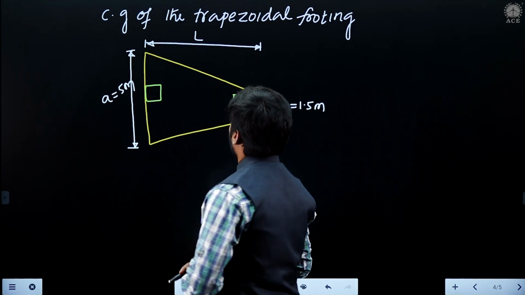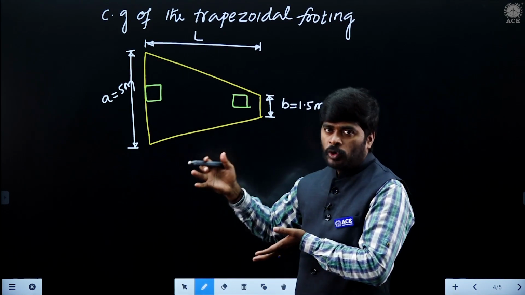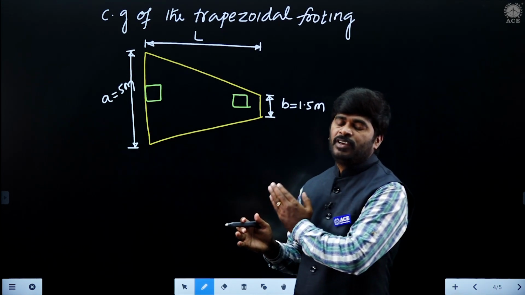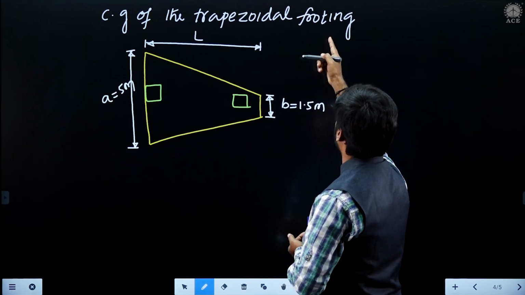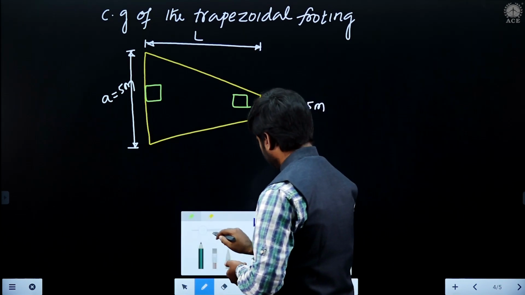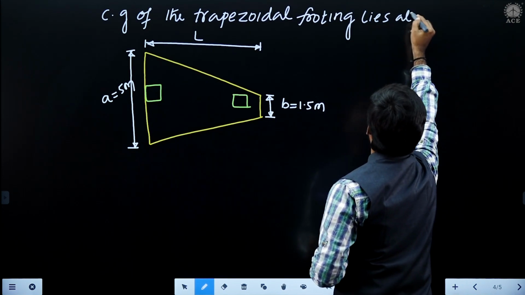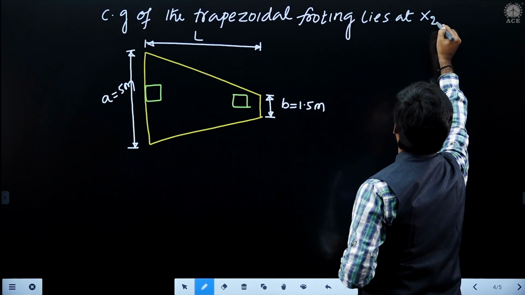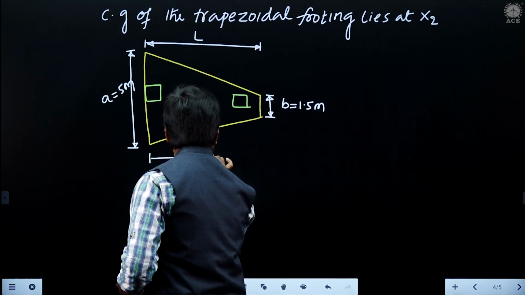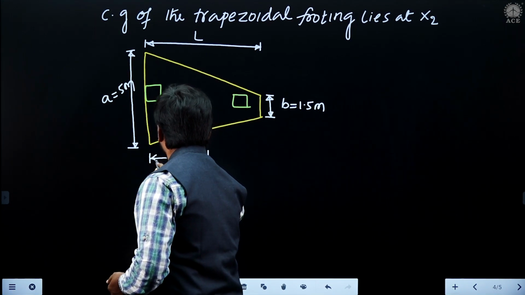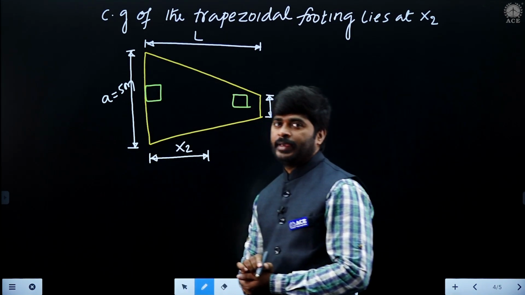Now, where will be the CG of footing? No doubt, wherever more area will concentrate, the CG will be shifted towards that, right? The CG of trapezoidal footing lies at x2, from here it is x2. Then how to find x2?